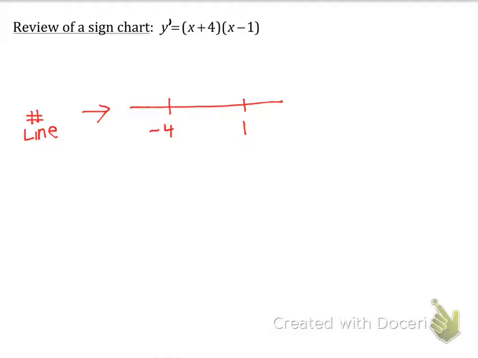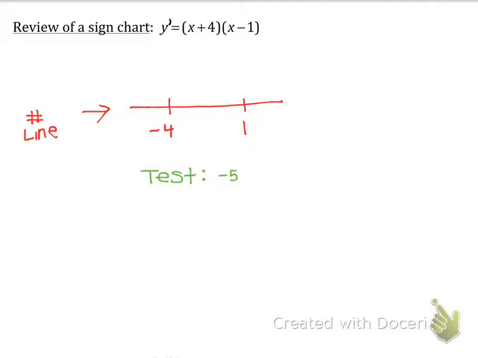So, how do we know, basically, if our parabola is going to open up or open down? That's the ultimate question. So, we know it's going to go through at -4 and 1, but in what way? So, what we're going to do is we're actually going to test points. Okay, so let's test -5 because we need to test a point on each side of the critical points.